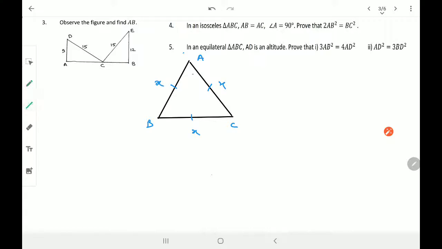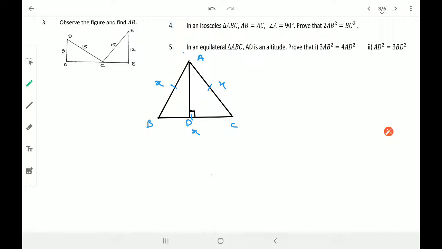AD is altitude, so here is my AD, which is in fact the altitude. That means it is 90 degree. Okay, perpendicular. So what I have to prove? I have to prove that 3AB square is equal to 4AD square, and so on. Okay, remember in equilateral triangle, altitude acts as a median.